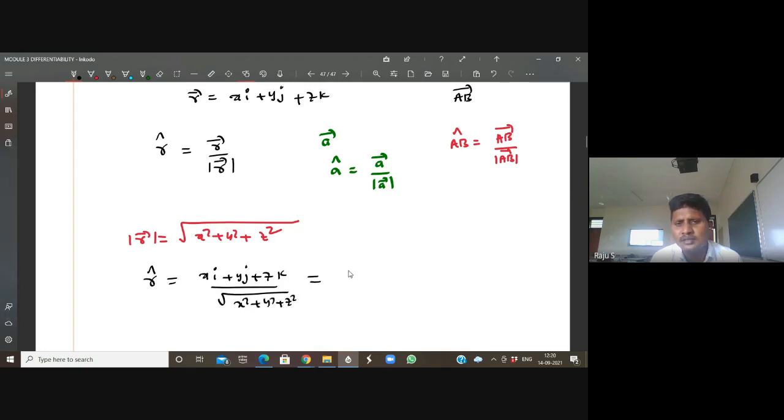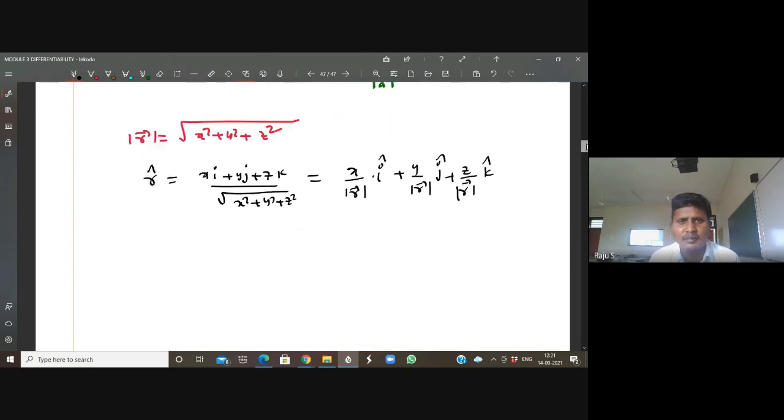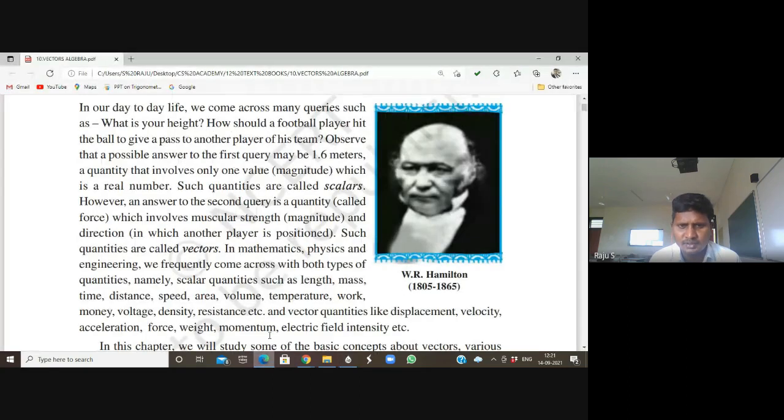Or else this can simply be written as x by magnitude of r into i cap plus y by magnitude of r into j cap plus z by magnitude of r into k cap. I have written it separately. The magnitude of r is nothing but root over x square plus y square plus z square. I'll give some examples for this.